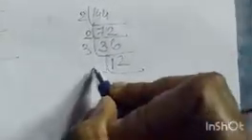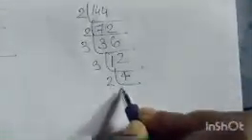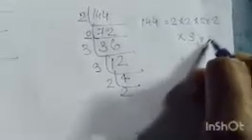Again we can divide this by 3. 1 three is 3, 2 threes are 6. Again it is possible with 3. 4 threes are 12. Then 2 twos are 4. Finish. Okay, so we can write 144 as 2 into 2 into 2 into 2, again multiplied by 3 two times.